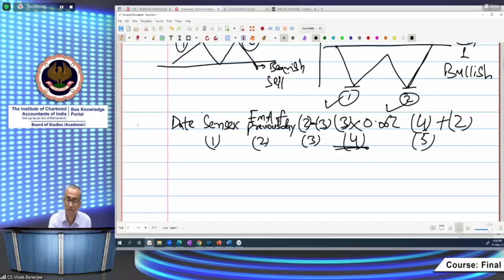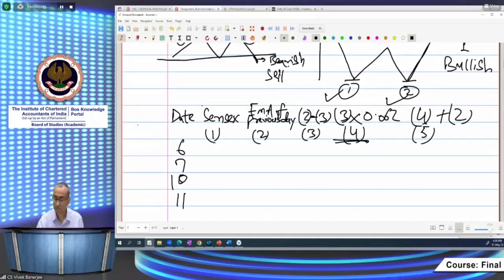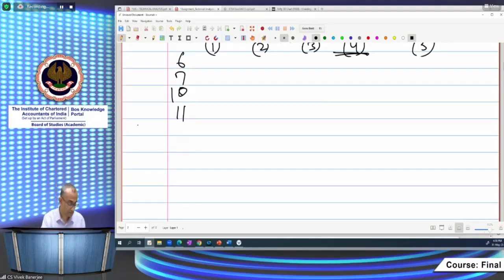So the dates on which trading takes place are 6, 7, 10, 11, 12, 13, 14, 15, 16 no trading, and 17 there is trading.